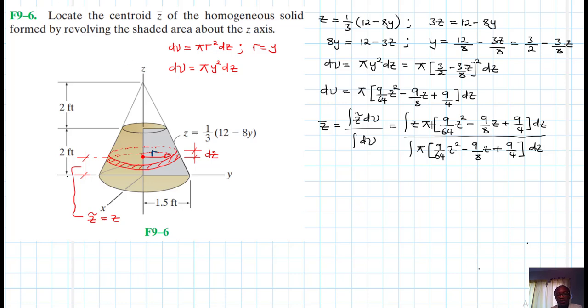So we can get rid of the pi, these are constants.